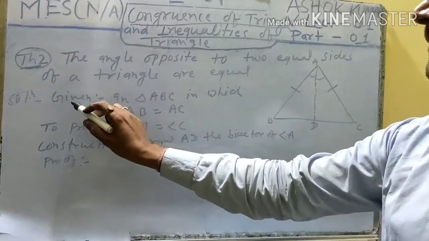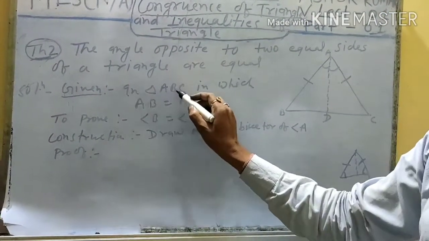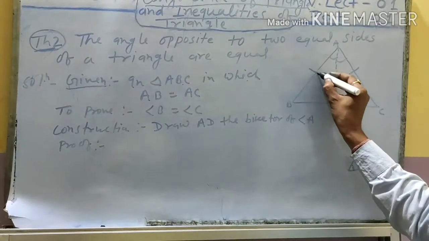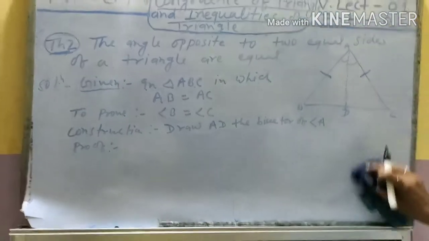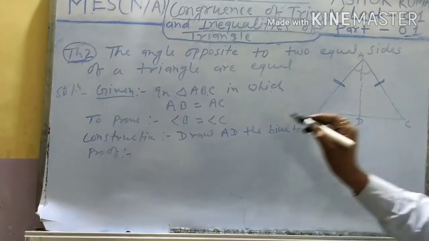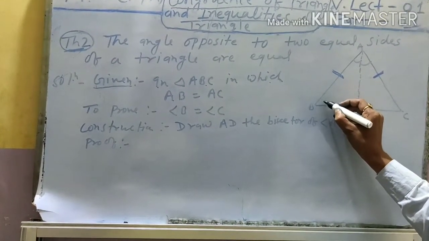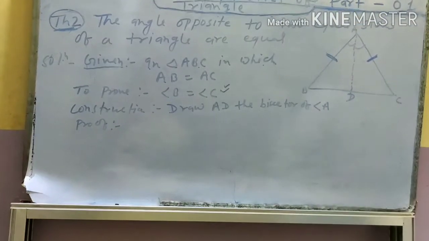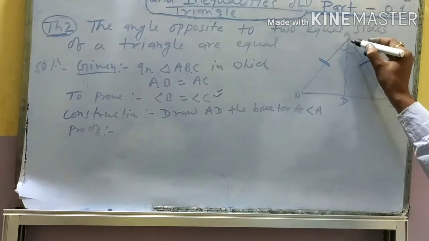In the given information, the first information is: in triangle ABC, AB is equal to AC. That means this side is equal to this side. This information is given here. To prove angle B is equal to angle C. By construction, draw AD.